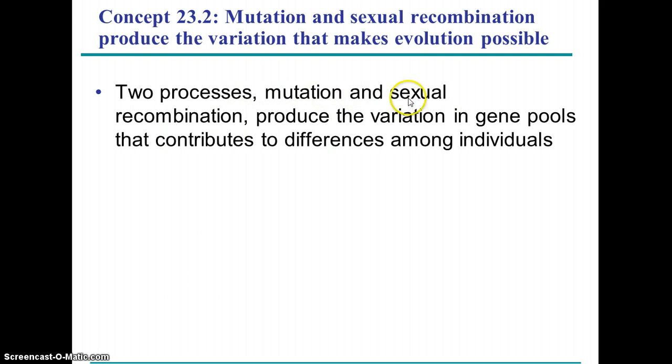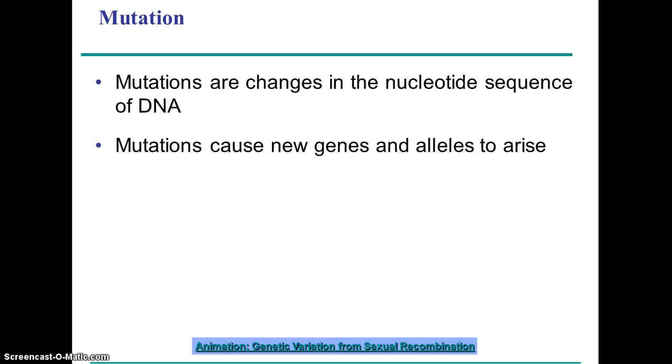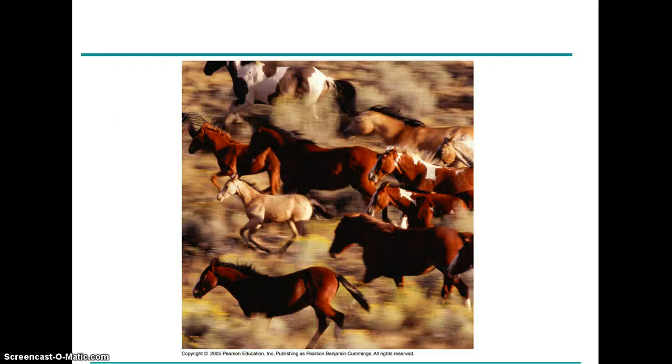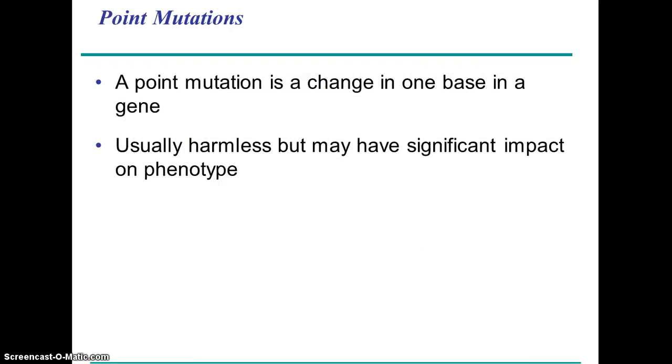Now, in terms of the gene pool, what can change it? Mutation obviously can contribute new alleles, and recombination can put alleles and genes in new combinations. As we learned in the genetics section, mutations come in all kinds. You can have very simple point mutations where single nucleotides change, which can create new alleles that generate variation, like in these horses.